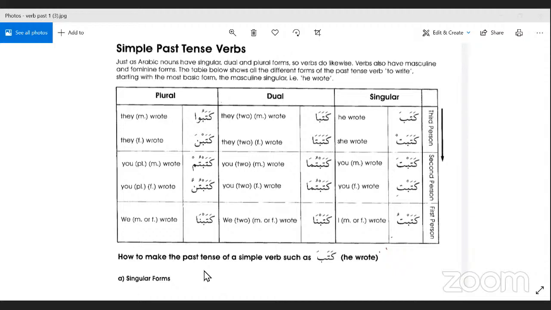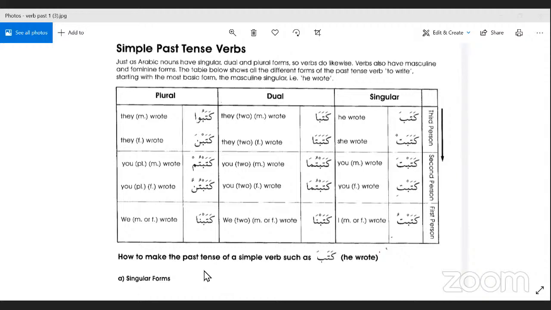Farihtum, you all, masculine, were pleased. Farihti, you, feminine singular, were pleased. Farihtuma, you two, feminine, were pleased. Farihtunna, you all, feminine plural, were pleased.